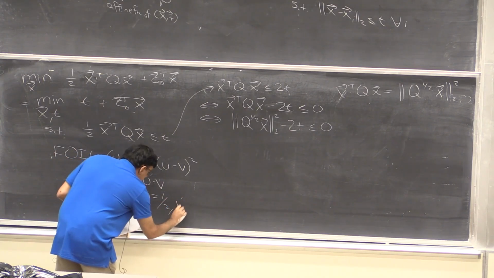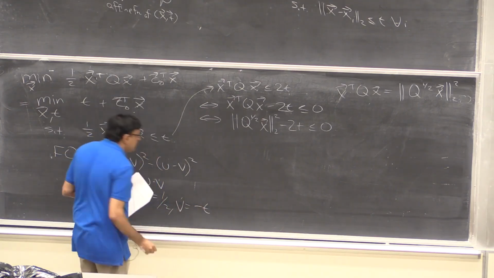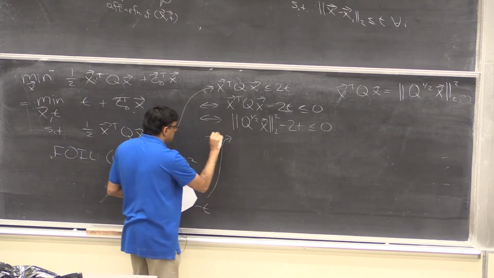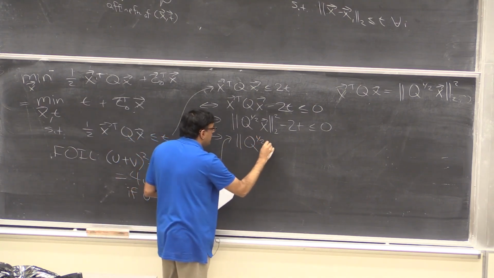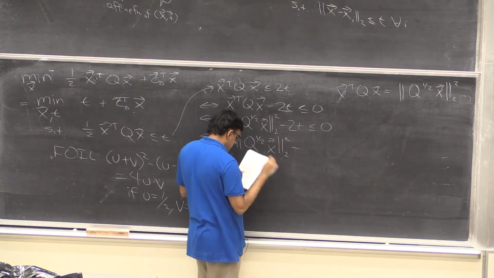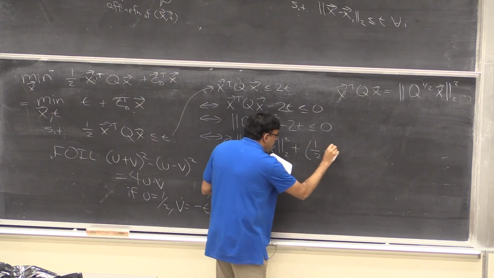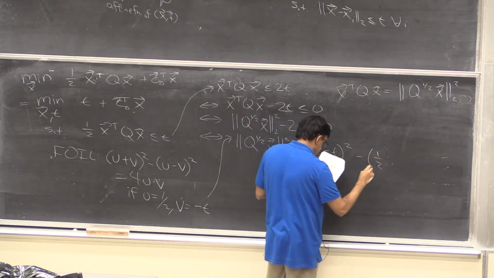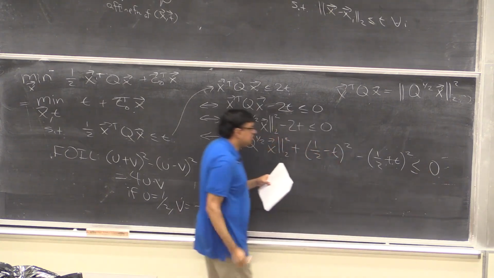And then v is equal to minus t. Then we obtain that this is equal to the 2 norm of Q^(1/2) x squared plus (1/2 minus t) squared minus (1/2 plus t) squared less than or equal to 0.